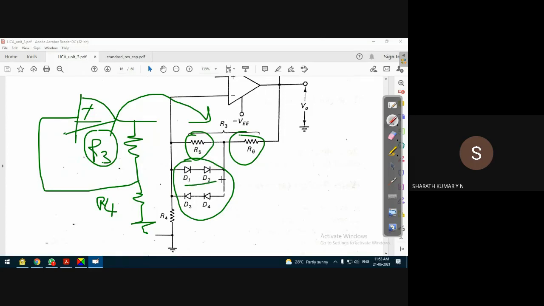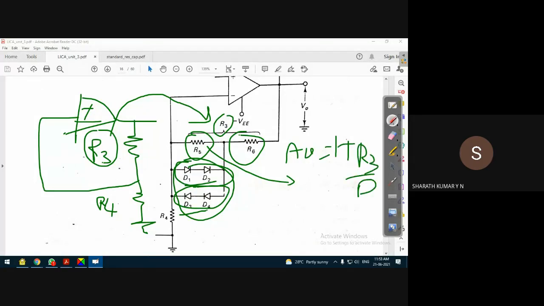So these diodes, the D1, D2 pair and the D3, D4 pair, help in bypassing R5, thereby reducing the value of R3. If R3 is reduced, the gain of the amplifier can be reduced. The gain is 1 plus R3 by R4, and this R3 is now made of R5 plus R6.